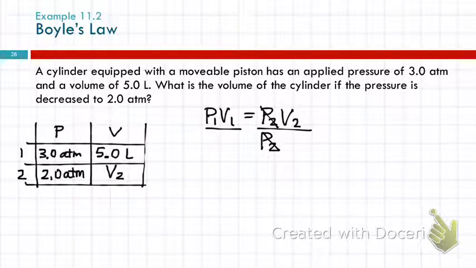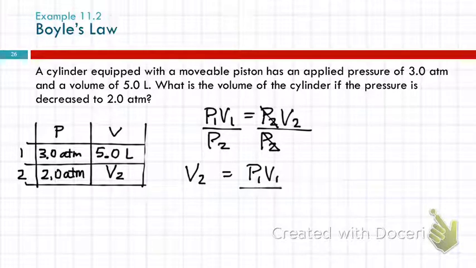So I have to also divide the other side by P2. And that's how I rearrange the equation. It's kind of messy there, so I'm going to rewrite it. V2 is equal to P1 times V1 divided by P2. It is super easy to get the 1s and the 2s mixed around. So go back over it and make sure that you copied it down correctly.